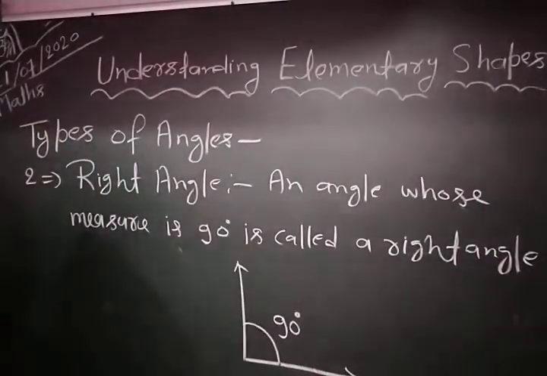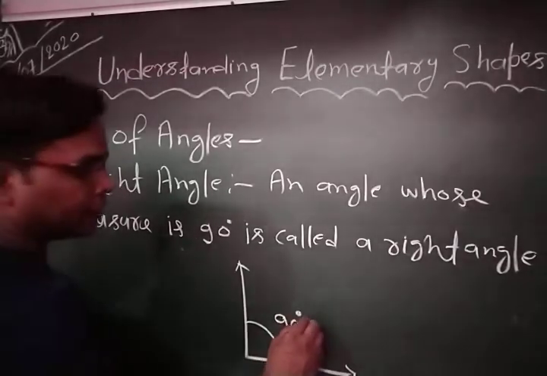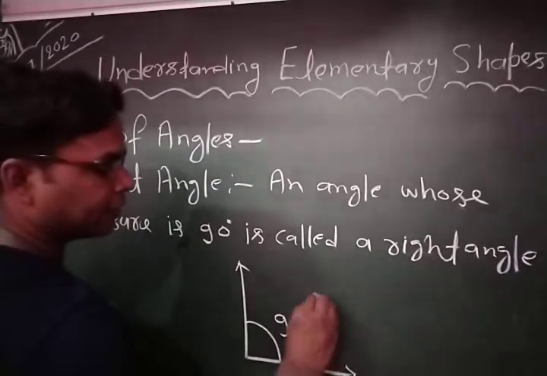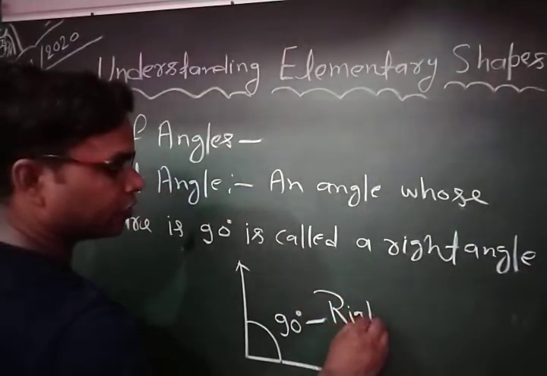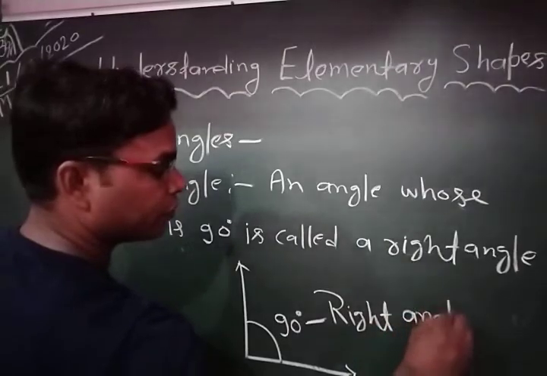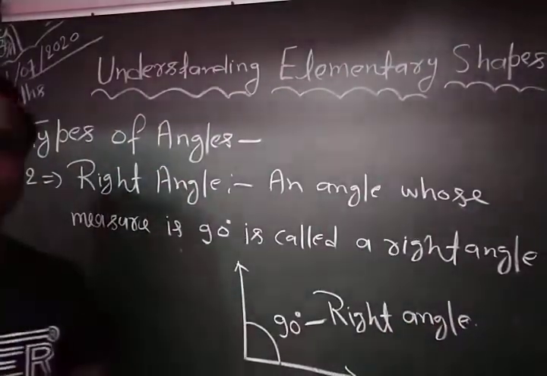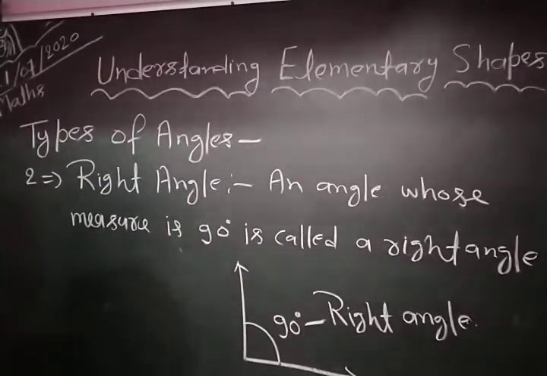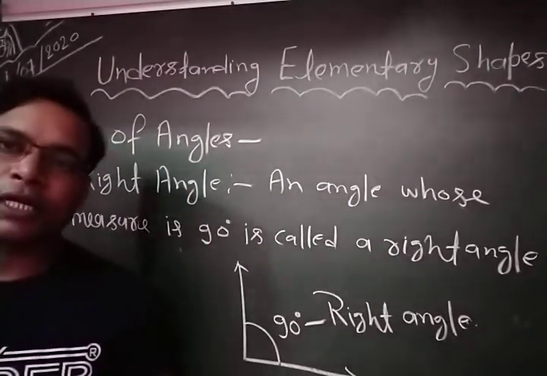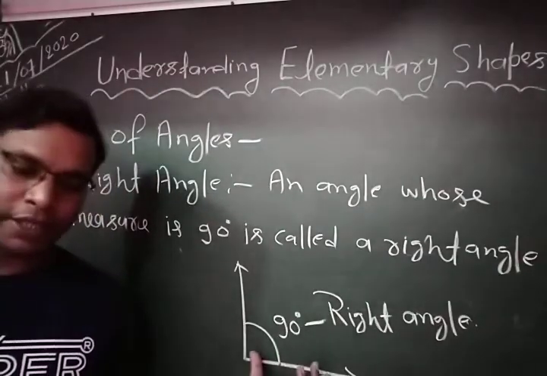This is a right angle. Clear? 90 degrees, or you can say a right angle. What is a right angle? An angle whose measure is 90 degrees is called a right angle.